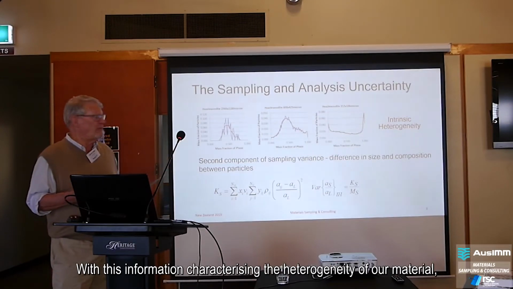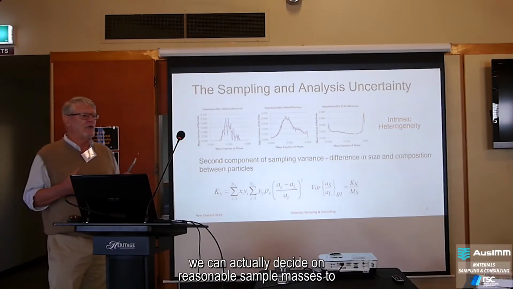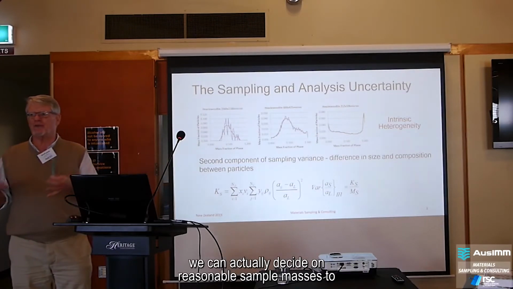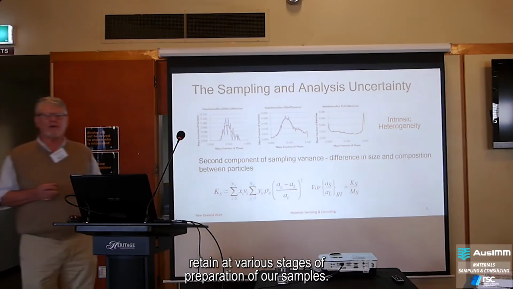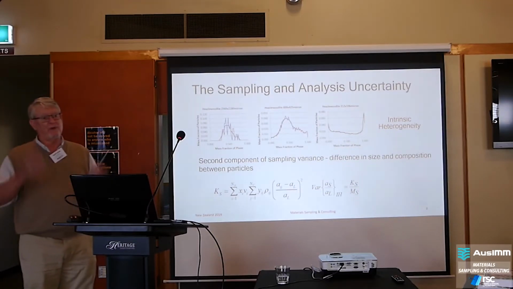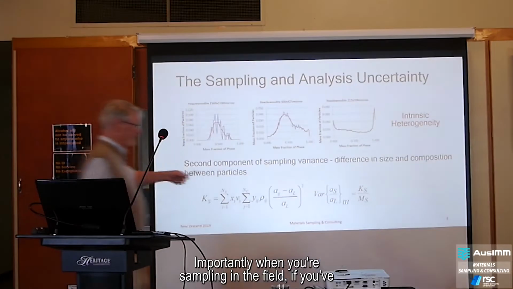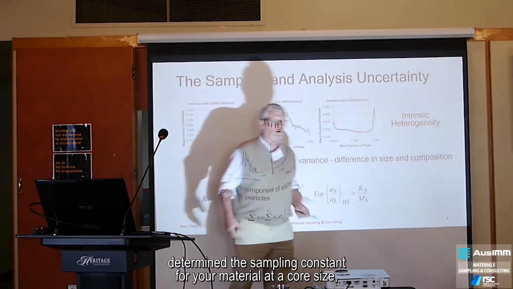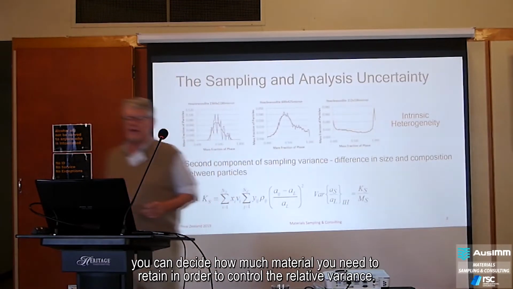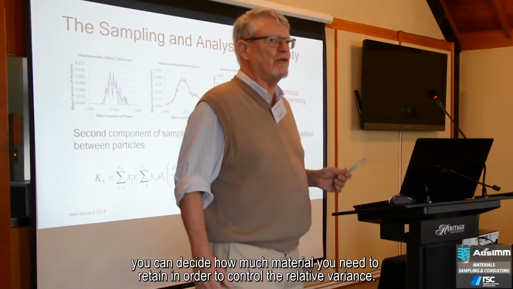And with this information characterizing the heterogeneity of our material, we can actually decide on reasonable sample masses to retain at various stages of preparation of our samples, and importantly, when you're sampling in the field, if you determine the sampling constant for your material at a coarse size, you can decide how much material you need to retain in order to control the relative variance.